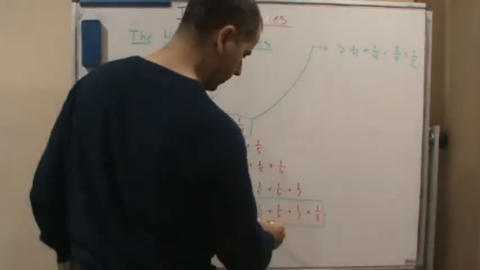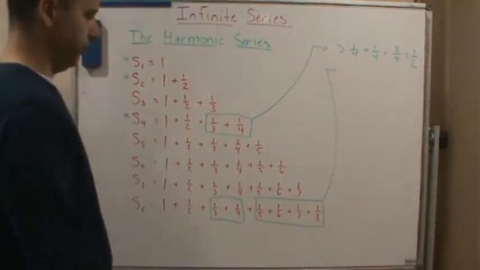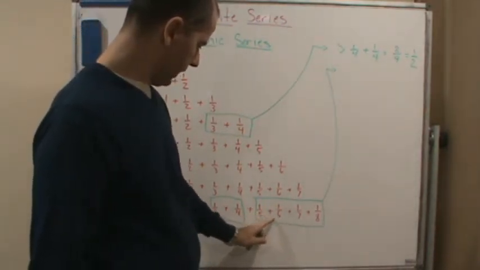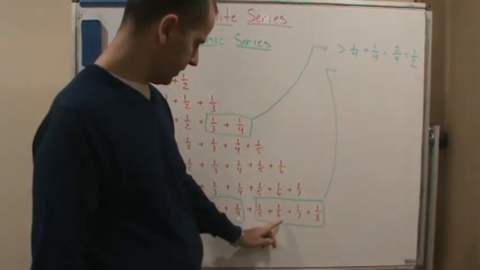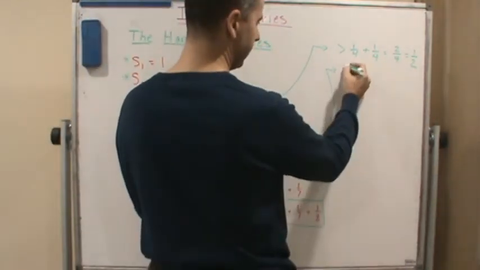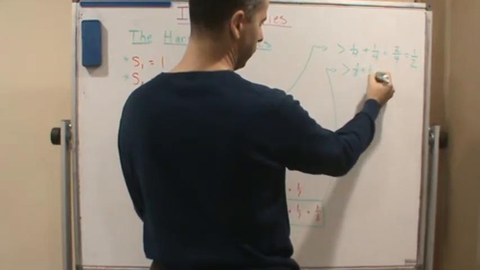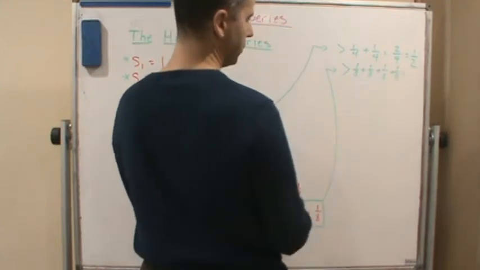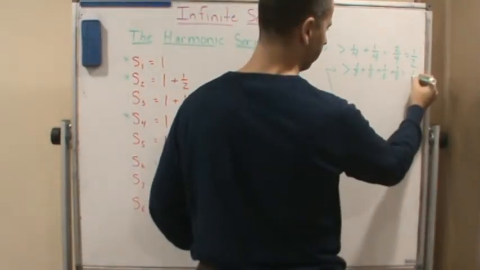We know that 1/5 is definitely bigger than an eighth, 1/6 is bigger than an eighth, and 1/7 is bigger than an eighth. So we can say that this sum is bigger than 1/8 plus 1/8 plus 1/8 plus 1/8, which equals 4/8, which is equal to 1/2.